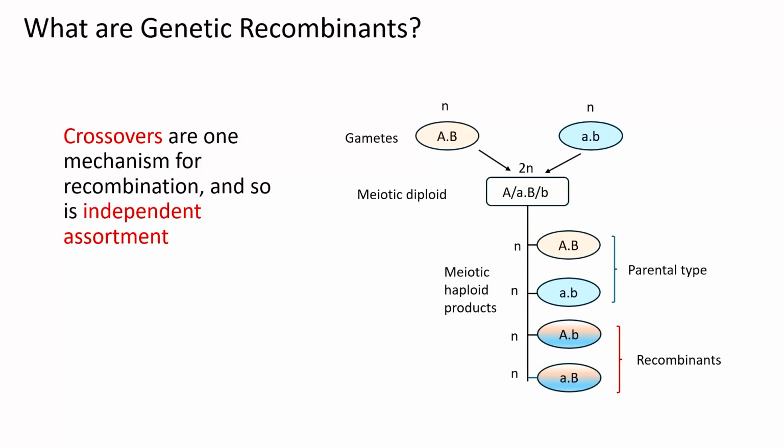Last class I also showed you that we get new combinations even for genes present on the same chromosome, but if they undergo crossing over, then we have another chance to get recombination. This is an important concept: crossovers are one mechanism for generation of recombination, and so is independent assortment, right. They are both doing the same thing, creating new combinations, though the mechanism is a bit different.